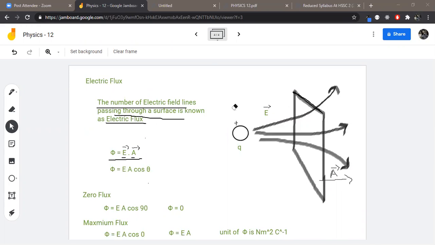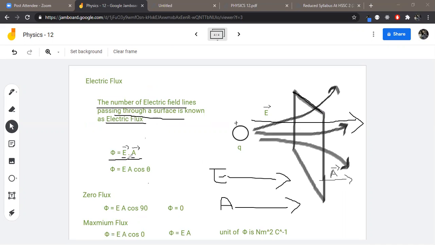We know our electric field is also along the x-axis, as you can see the field lines are going in this direction. So what is the angle between the area vector and the electric field? That is the angle zero, because both of them are in the same direction. E is this, the other one is the area vector, and both of them make an angle of zero.